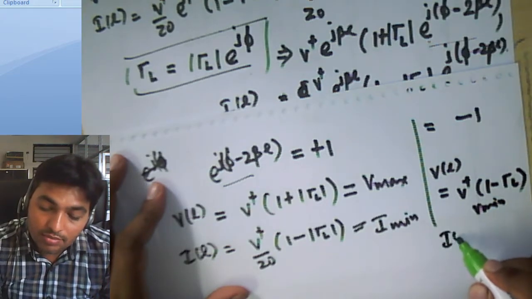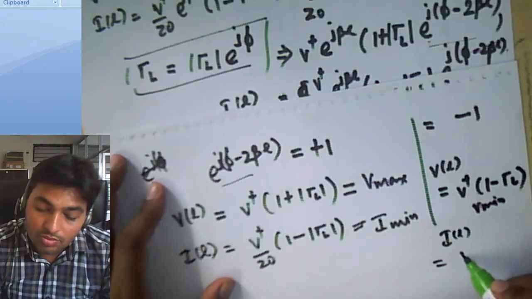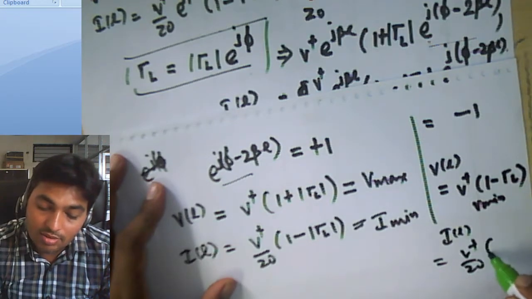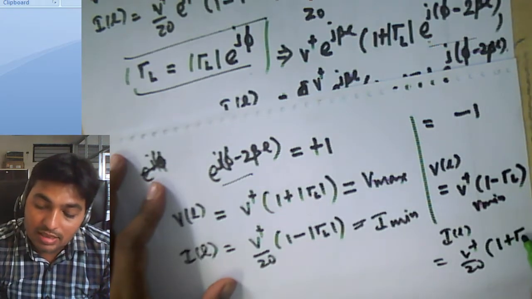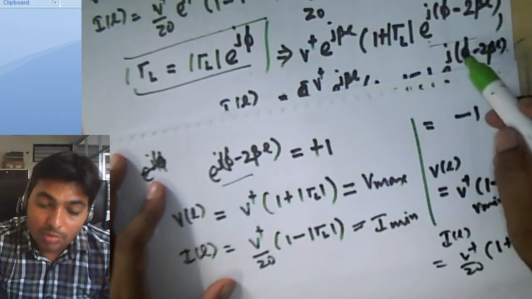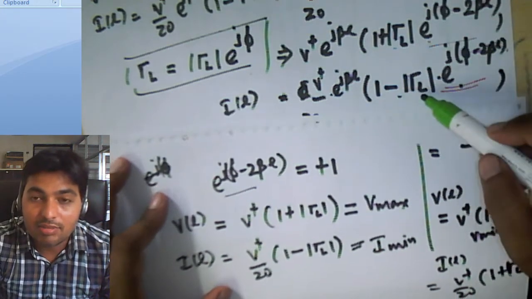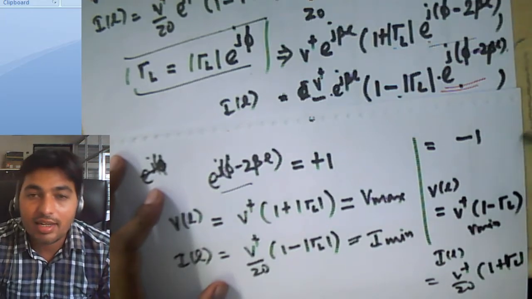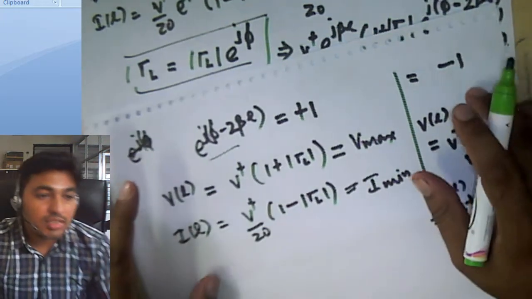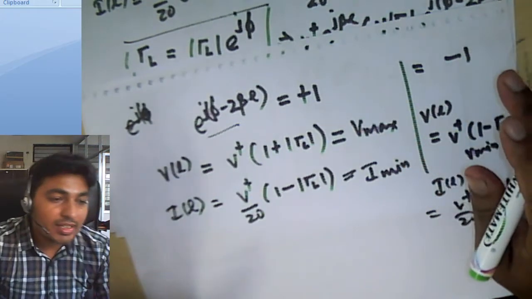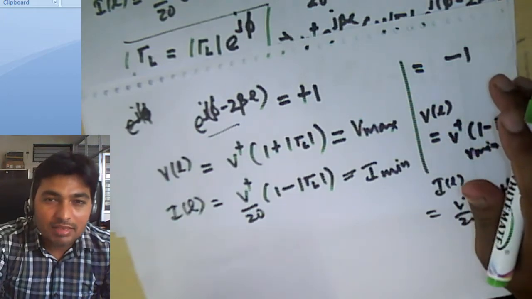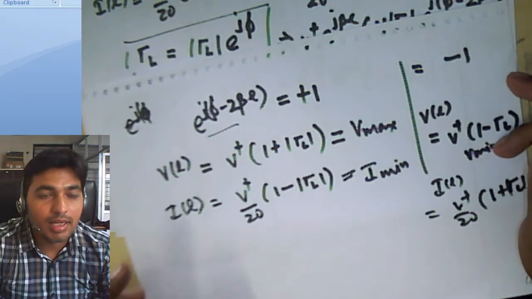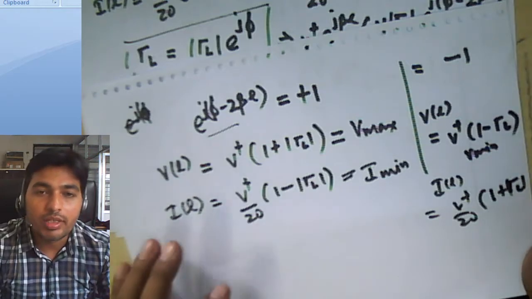For current we'll have IL equal to V plus divided by Z0 times 1 plus the reflection coefficient, because now this will be a negative one, so we are having an addition. So what we are seeing is, on a transmission line, when voltage is maximum, current is minimum, and when current is maximum, voltage is minimum.